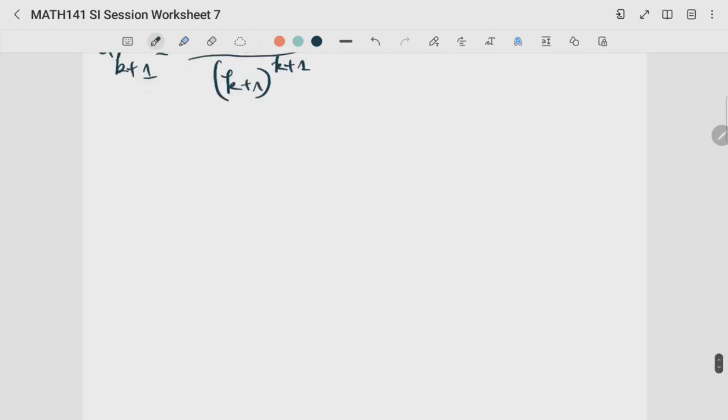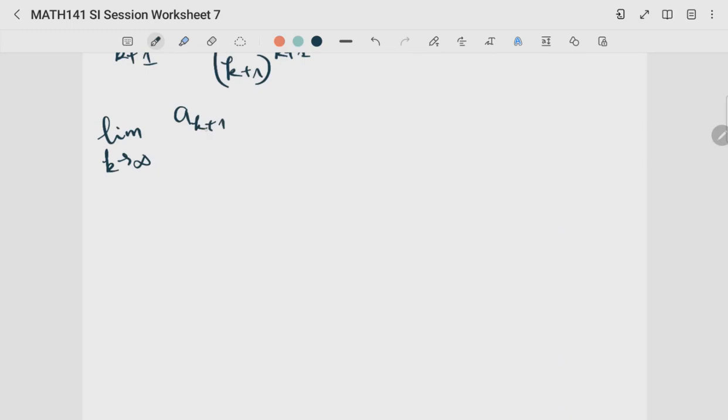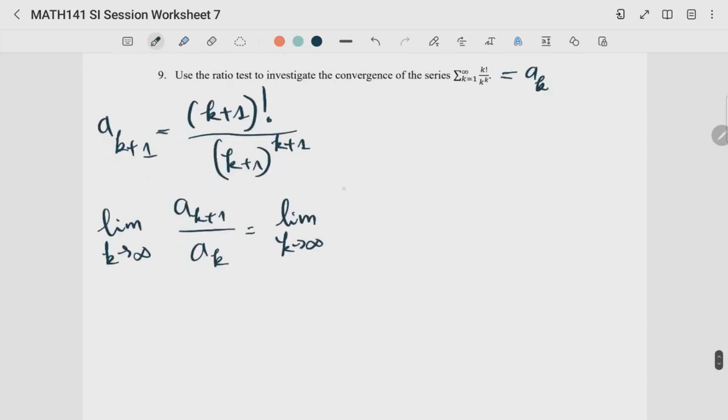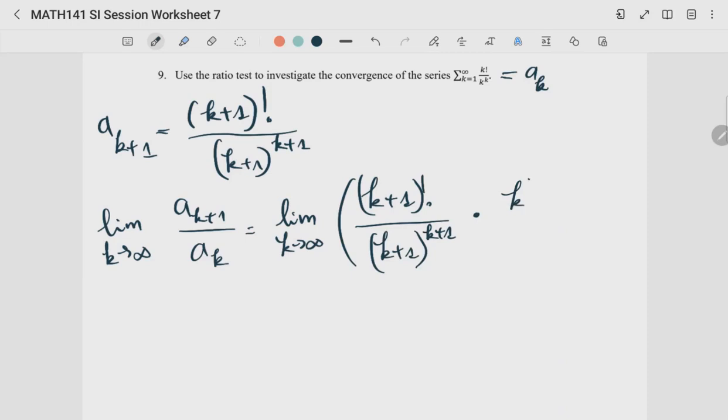Now, if we take the limit as k tends to infinity of a of k plus 1 divided by a of k, we have the limit of k plus 1 factorial, divided by k plus 1 to the k plus 1, multiplied by the inverse of a of k, which is k to the k, divided by k factorial.